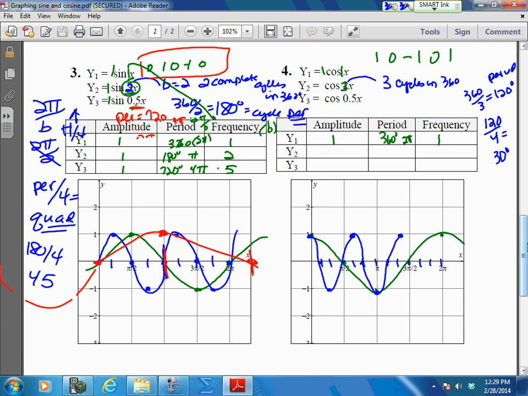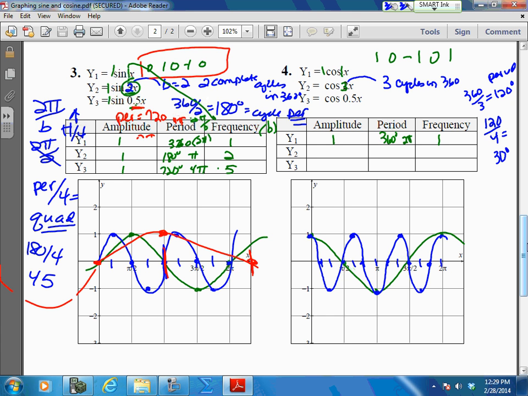Right? And 120 and 120 is what? 240. So therefore, if this is 270, shouldn't I be ending 30 degrees short of 270 at 240? Yeah? Let's do it again. 1, 0, negative 1, 0, 1. Did I fit 3 in there? Yeah.